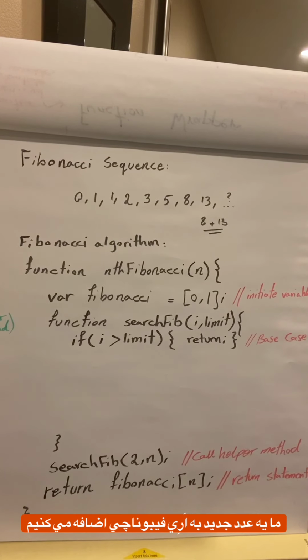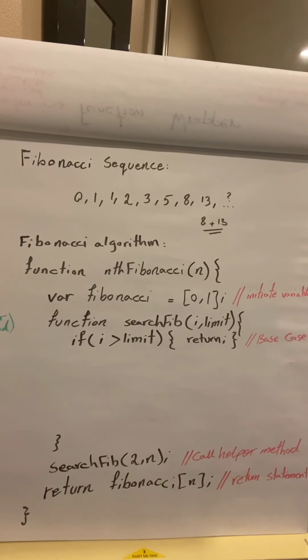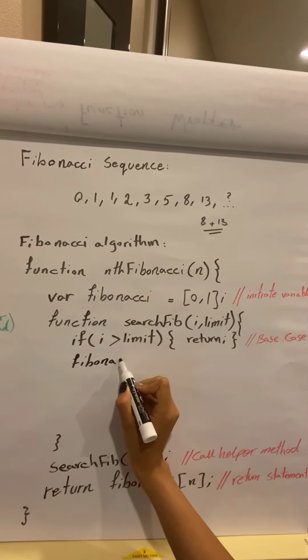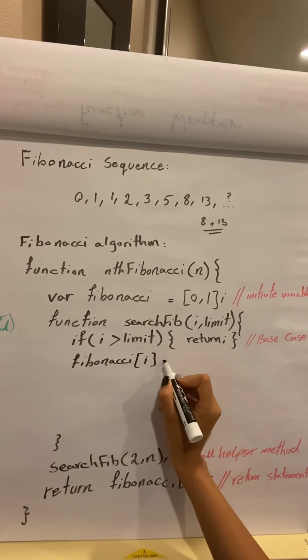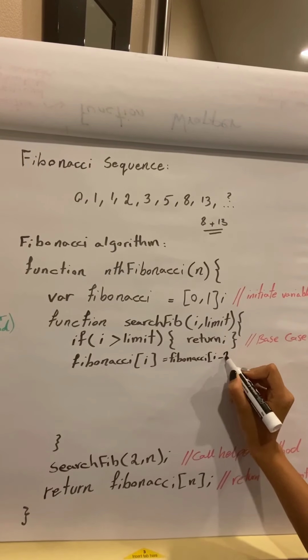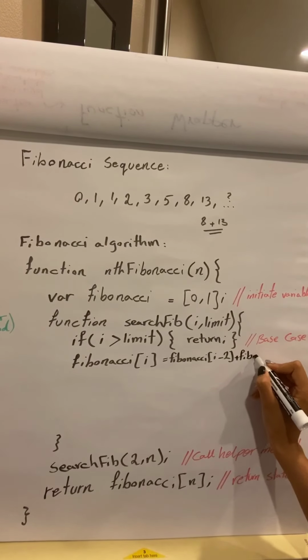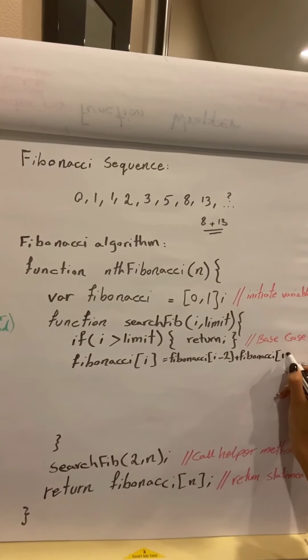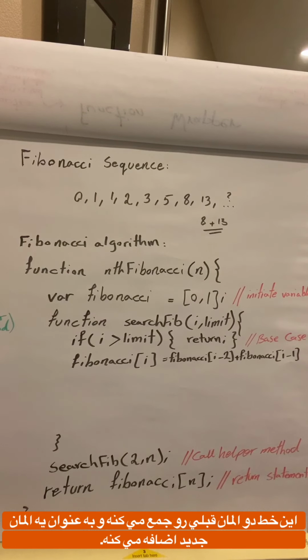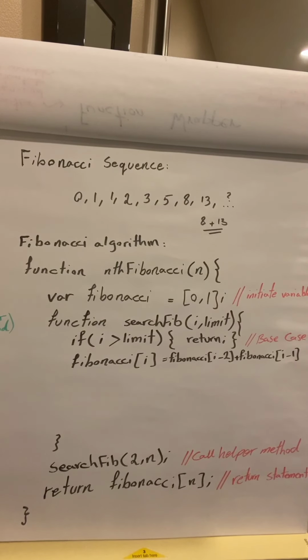We are going to be adding a new value to our Fibonacci array by summing the previous two values. So this line sums the previous two values together and adds that as a new item to the Fibonacci array.